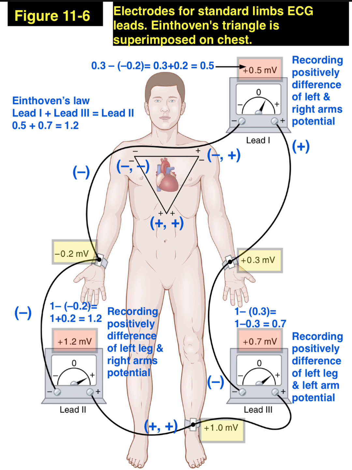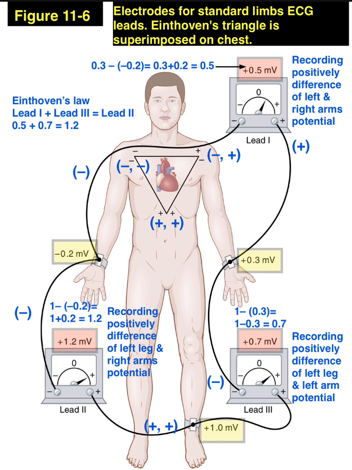There are 3 meters shown and each meter is recording the difference of two limbs' potentials. The top right meter is recording a potential difference of 0.5 millivolt between right and left arm. Mathematical calculation of this difference is shown.